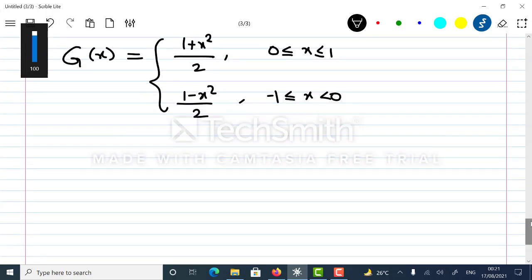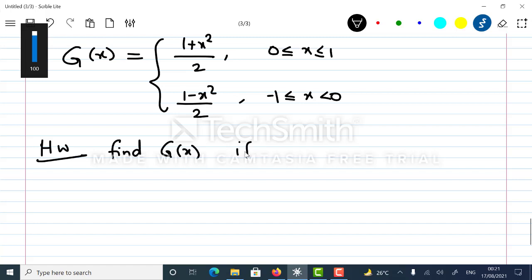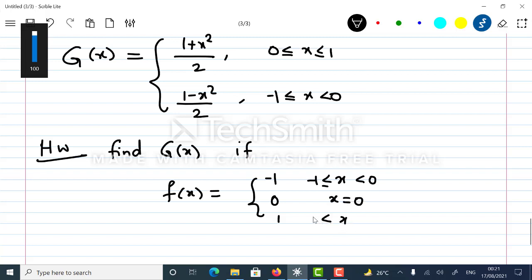So here is a quick homework for you all, and I'm sure that you will definitely do this. The homework is as follows. Find g of x if f of x is given as -1, 0, 1: -1 if x is between -1 to 0, 0 at x equal to 0, and 1 for x greater than 0 and less than or equal to 1.